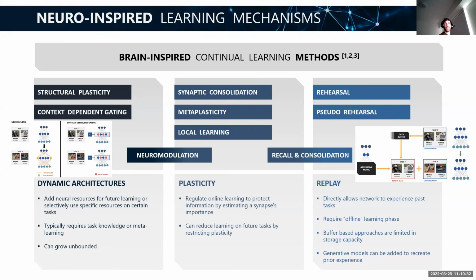For plasticity, I don't have a little figure here. We're going to talk more in detail about this one because this is what TACO focuses on. But this involves things like synaptic consolidation, metaplasticity, and local learning, in the brain-inspired space. And it also involves regularization approaches, which try to retain information while learning new tasks.